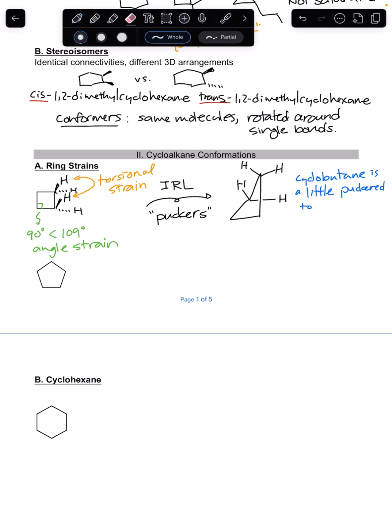Maybe I didn't show that quite obviously in this drawing, so maybe I'll do that. Once it puckers like that, they're not exactly eclipsed, and really the only way to see this tangibly hands-on would be for you to build your own molecular model, so please do so.